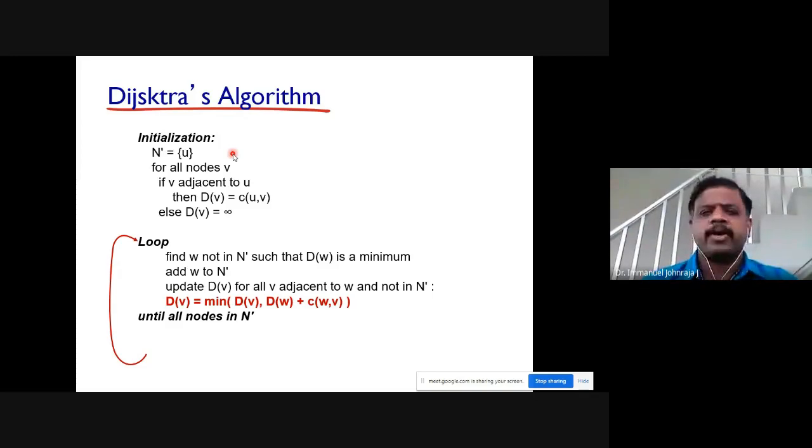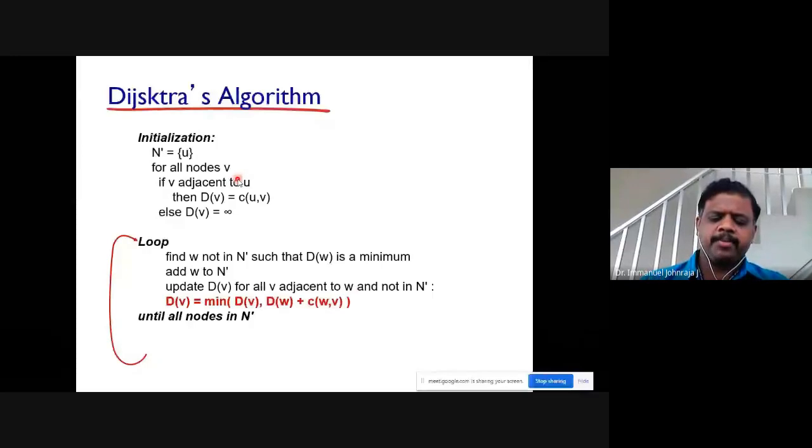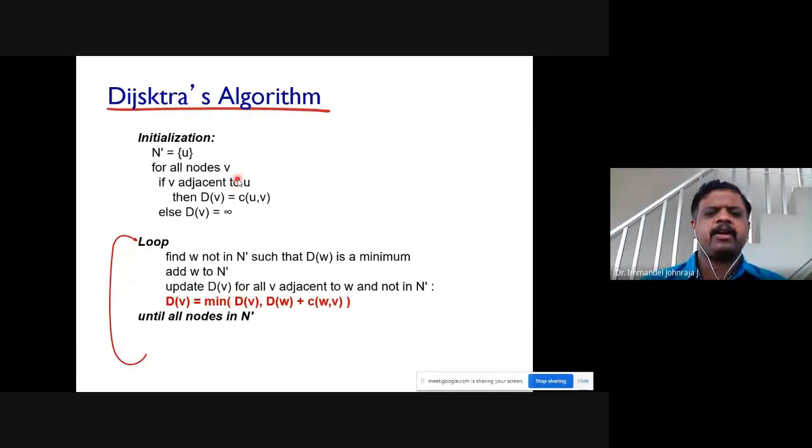So we start from node u. N dash initially contains the node u. For all the nodes v, what are all the nodes here? U, v, w, x, y, z. So we have got 6 nodes. For all the nodes v, if v is adjacent to u, then the distance will be the cost between u and v. Otherwise it's going to be infinite.